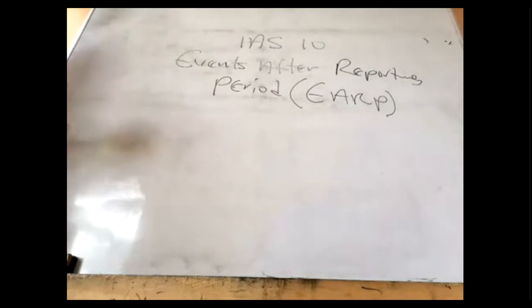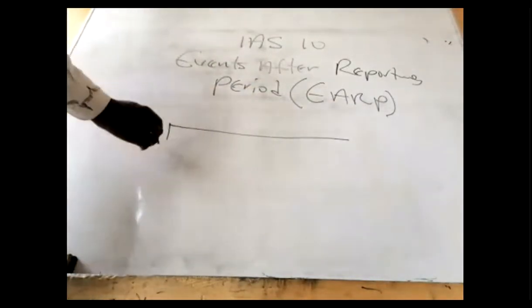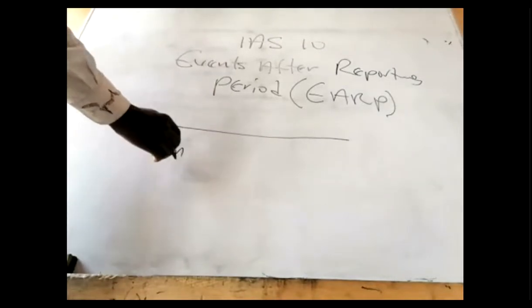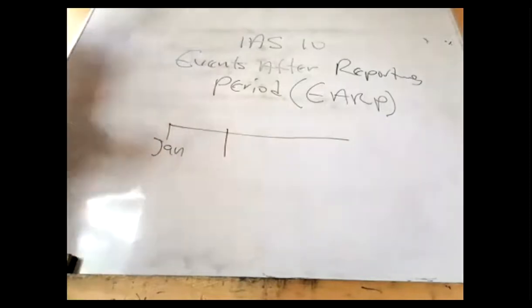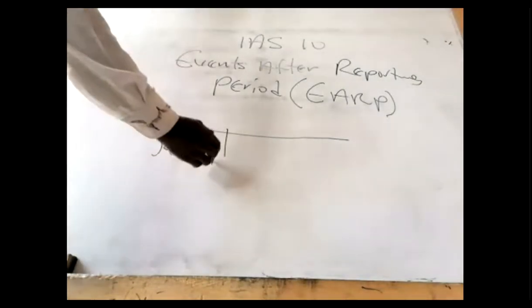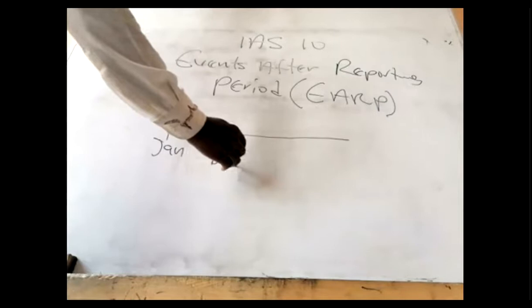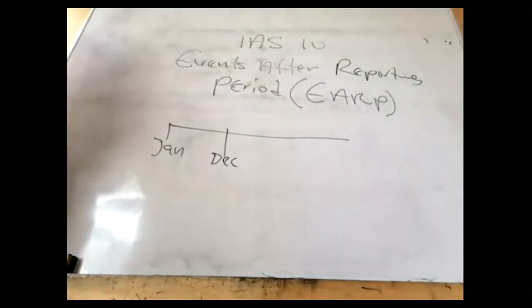So in summary, let's just assume that our financial year starts in January. Why do you think it will end by December? Okay, so by December, that is our reporting period, right?